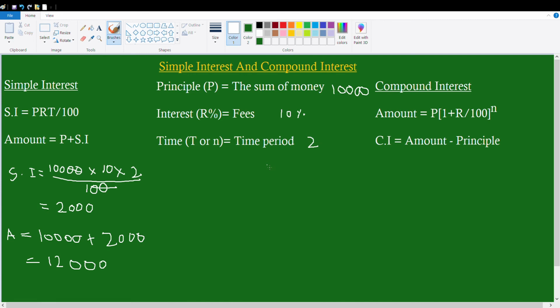Let's calculate the compound interest. For compound interest, we will calculate the amount first.